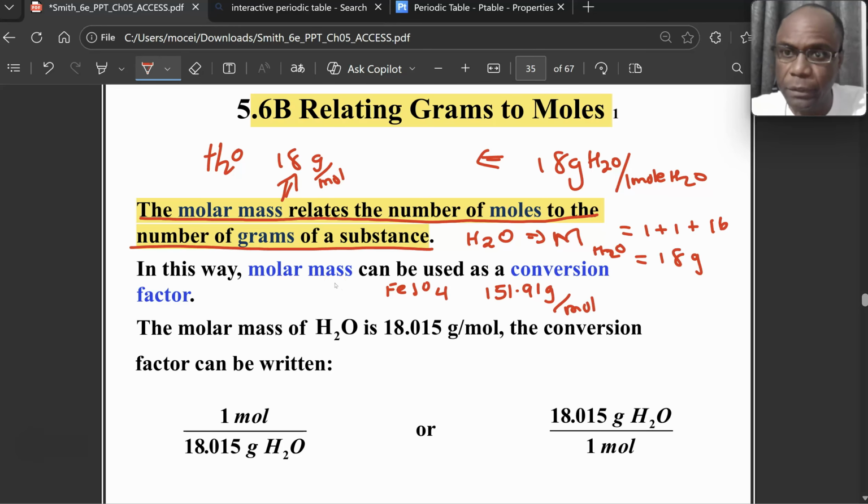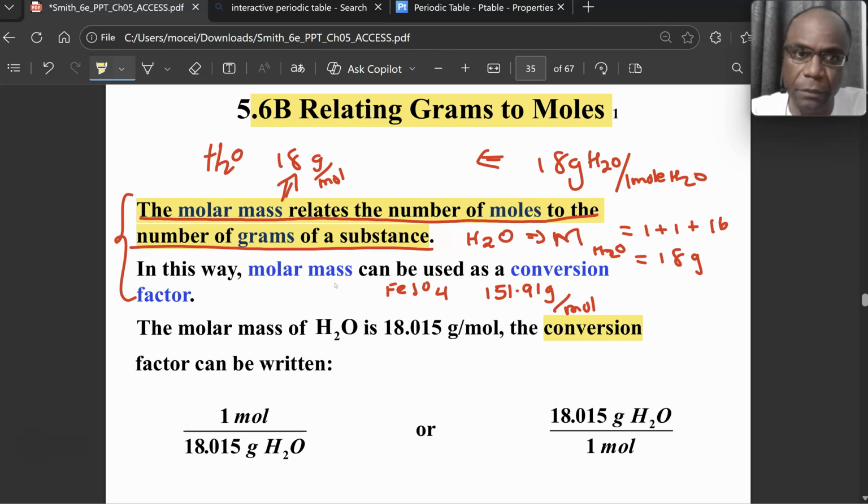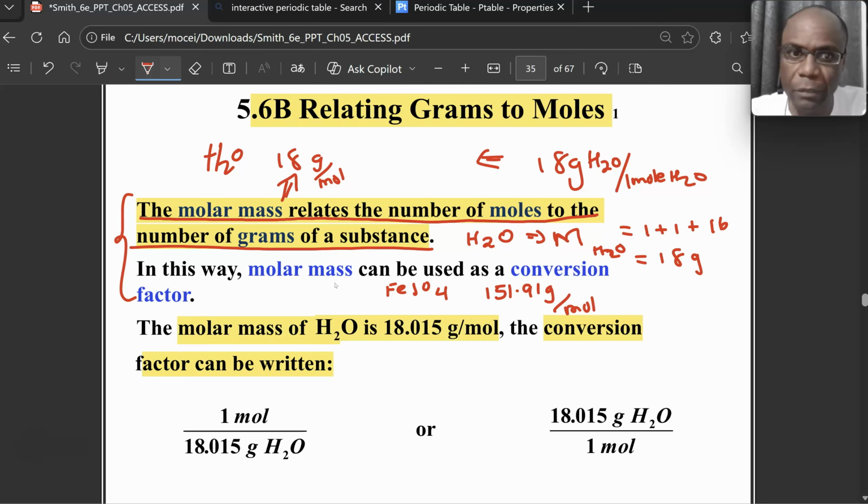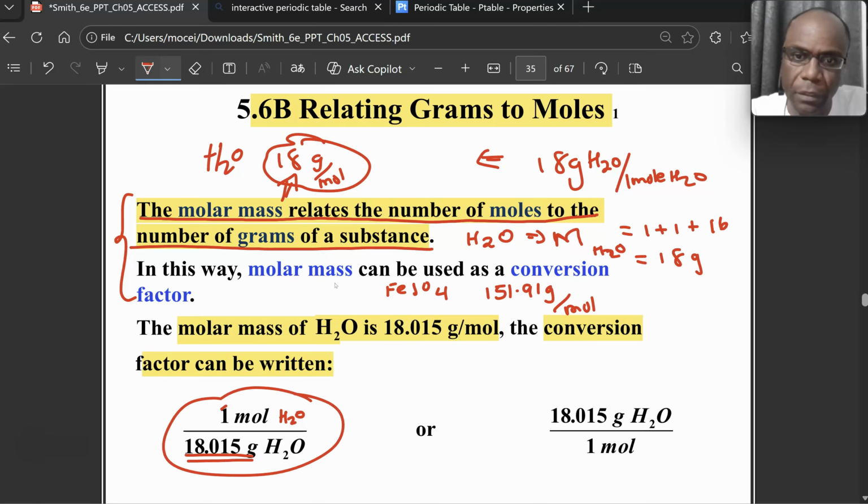This fact is very important because now we can have a conversion factor to work with. The molar mass of water exactly is given as 18.015 grams per mole. I was just approximating it to 18.